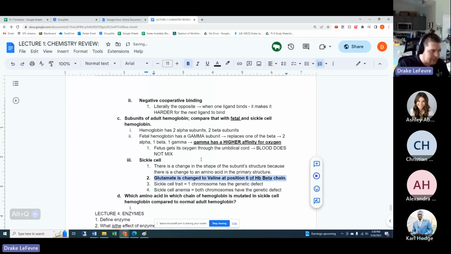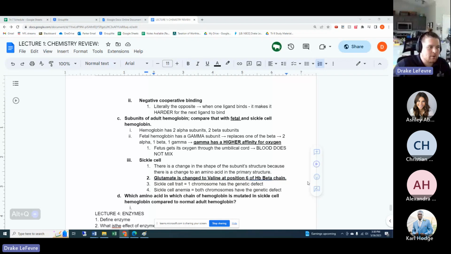Literally that one single change completely destroys hemoglobin. It makes it incredibly difficult to use. So if you have sickle cell trait, where it's one chromosome, you have half sickle cell blood and the other half is normal blood.